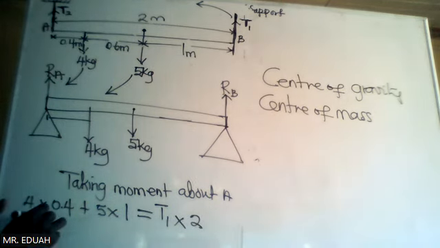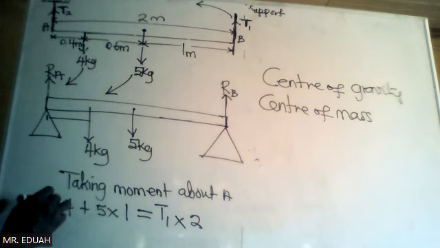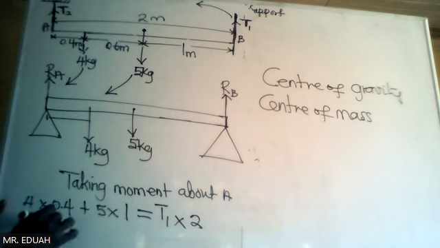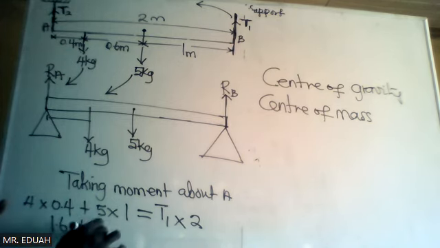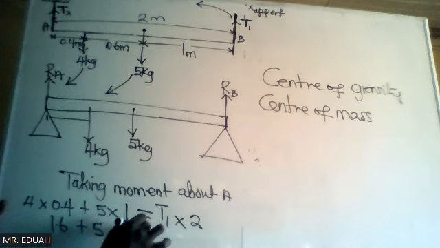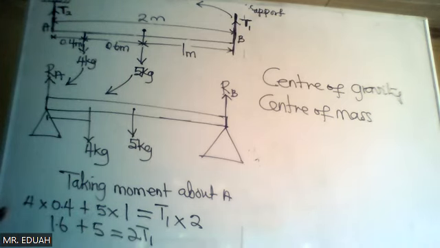So this is 1.6 plus 5 is equal to 2T1. Therefore, you have 2T1 giving us 6.6.